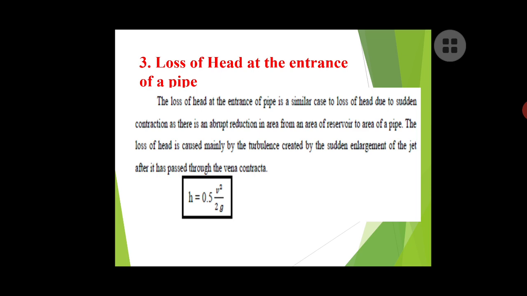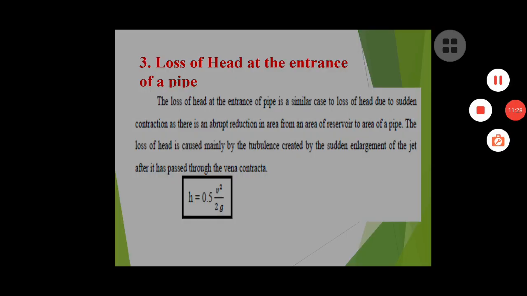The best example is when a pipe is connected to a tank. This is a minor type of loss, similar to the sudden contraction, where V is the velocity in the pipe. So write down.